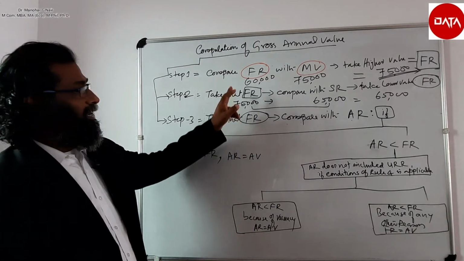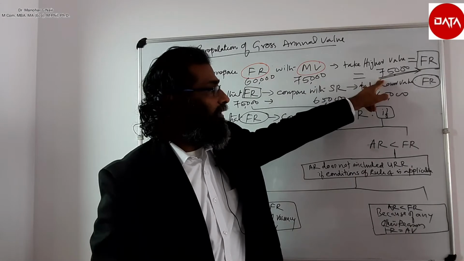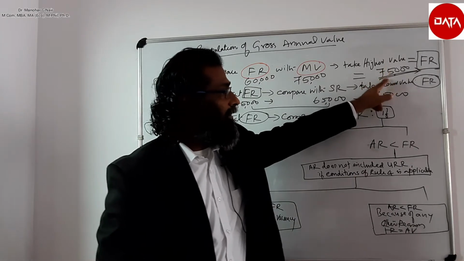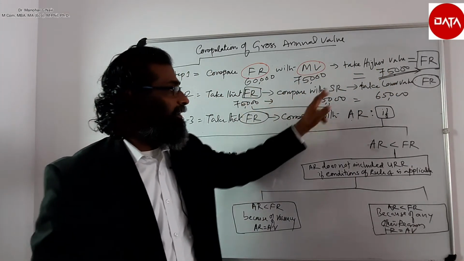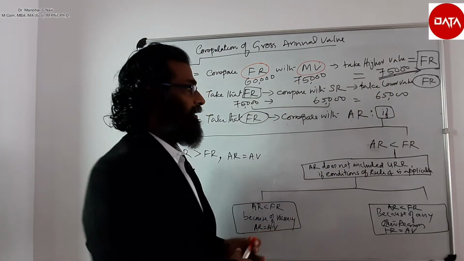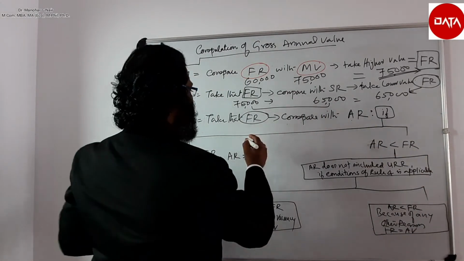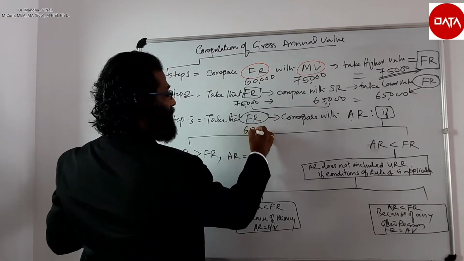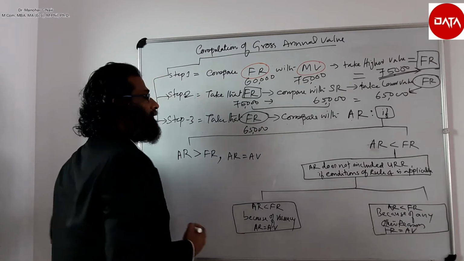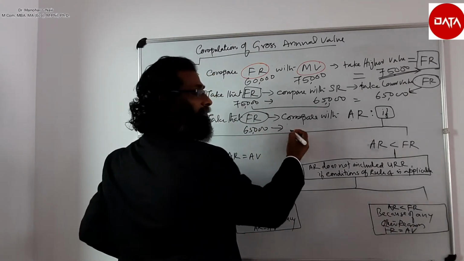So first step is compare fair rent with municipal valuation, take the higher value. Compare that fair rent with standard rent, take the lower value and rename it as fair rent. Take that fair rent, 65,000, and compare it with the actual rent.